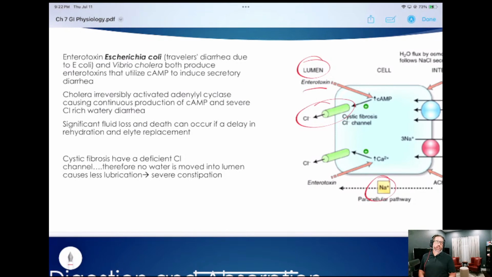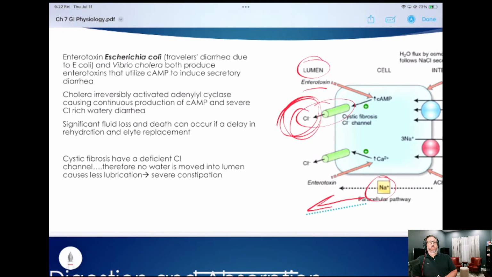That creates an osmotic gradient for water. Water starts pouring into the intestines because of the salt concentration increasing from these chloride channels being turned on.